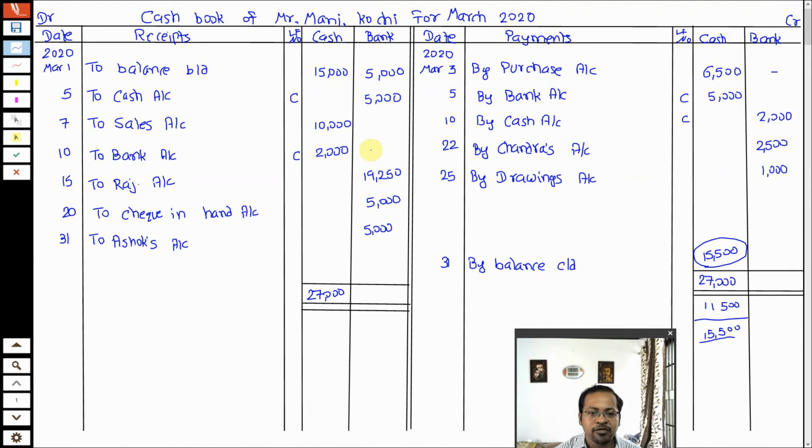So 5,520 plus 19,250, so it is 39,250. Same total I will write on credit side, 39,250. From that I will minus the total of credit side, which is 2 plus 2,500 plus 1,000, so it is 5,500.